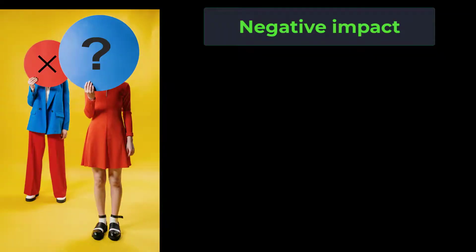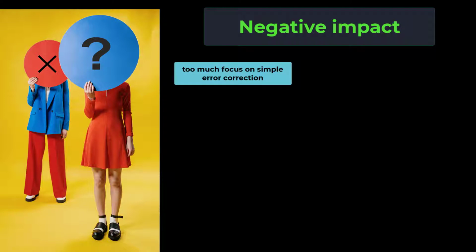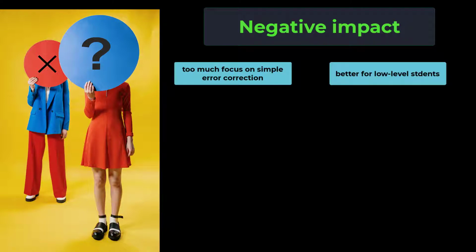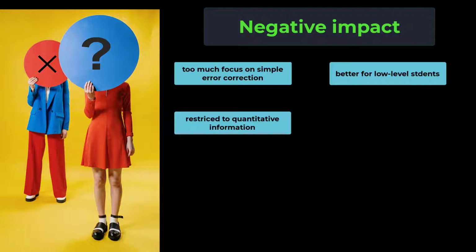Many critics claim that AWE mainly focuses on accuracy and simple error corrections. As a result, it suits low-level students and is almost of no use to high-level ones. Many deplore that feedback of AWE tools is restricted to quantitative information on sentence length, word distribution, and word repetition, thus favoring the cognitive information processing model.